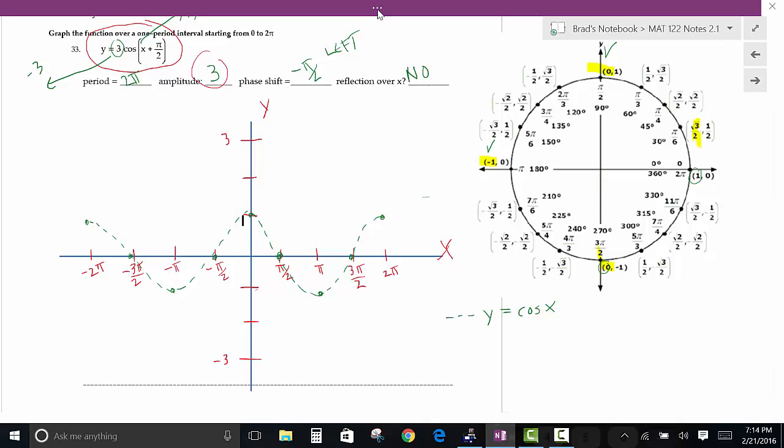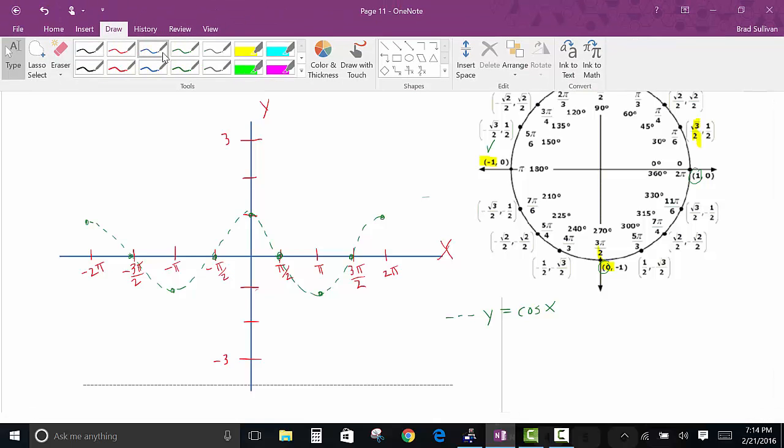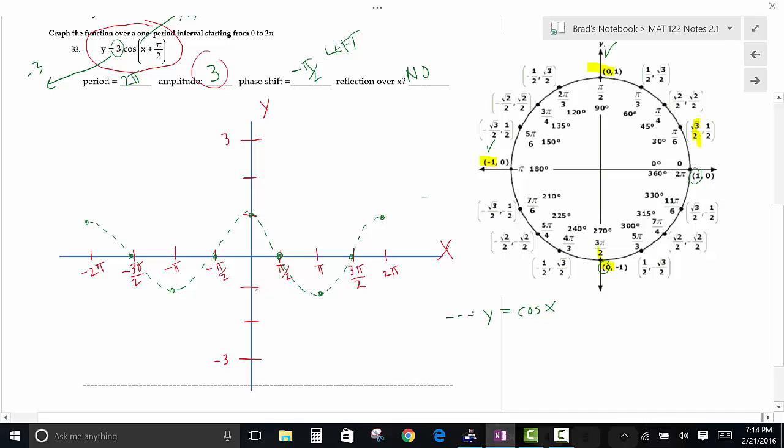Now, we're going to do this in 2 stages. So I'm going to take a different color, say, blue. Okay? And let's do a second translation. Let's do y equals 3 cosine x. Now, before we do that, we've got to do the phase shift. What you always want to do, and this is important, is start with the phase shift.